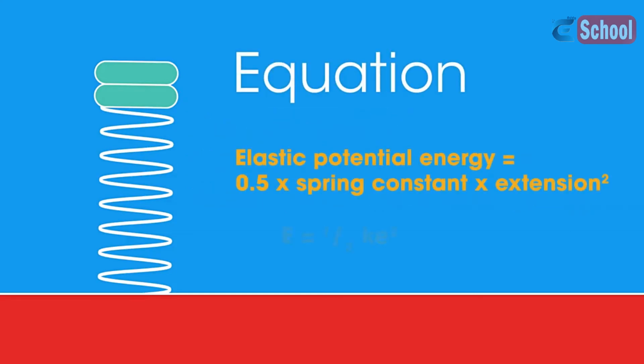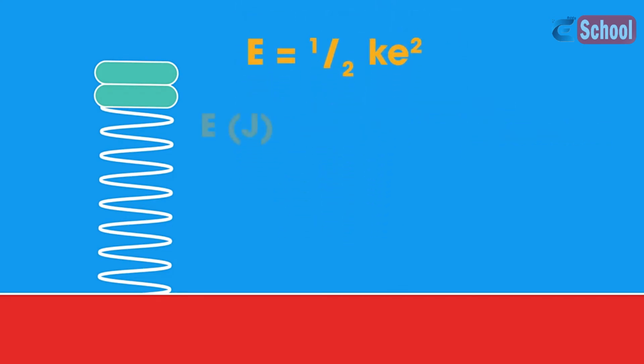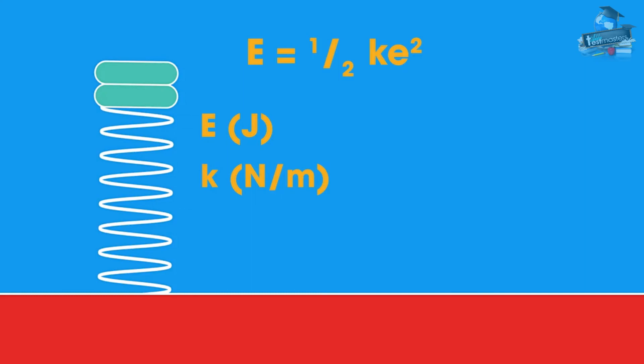Elastic potential energy equals 0.5 times spring constant times extension squared, assuming the spring obeys Hooke's law, where elastic potential energy E is measured in joules, spring constant k in newtons per meter, and extension e in meters.